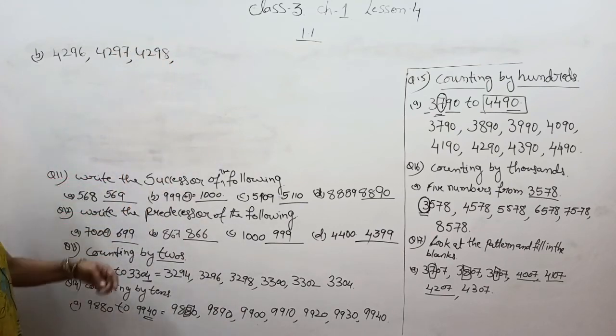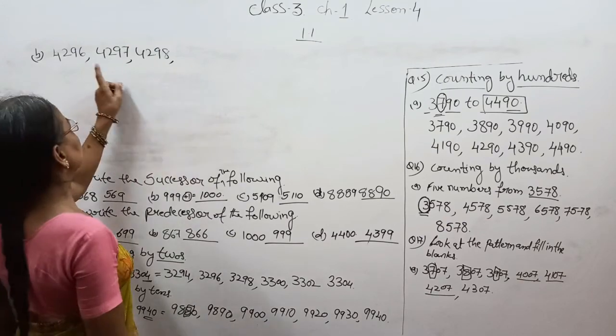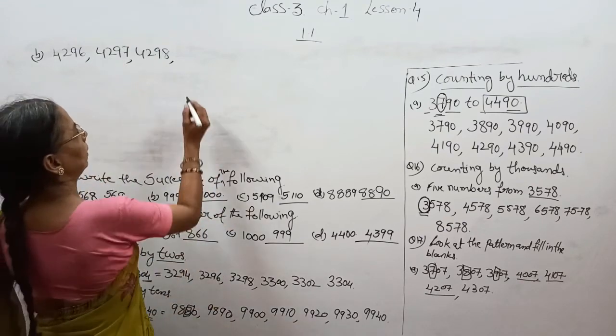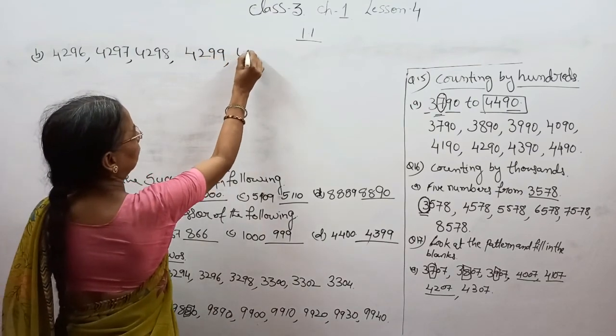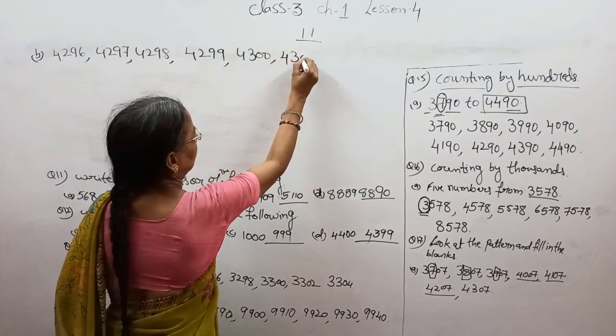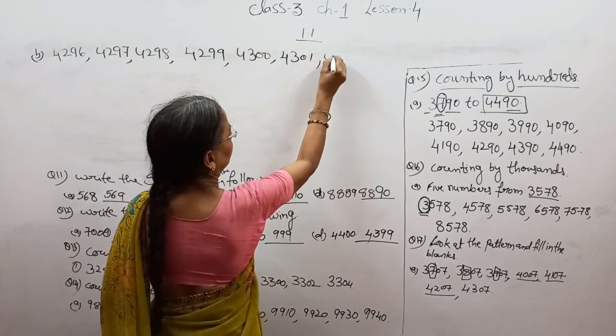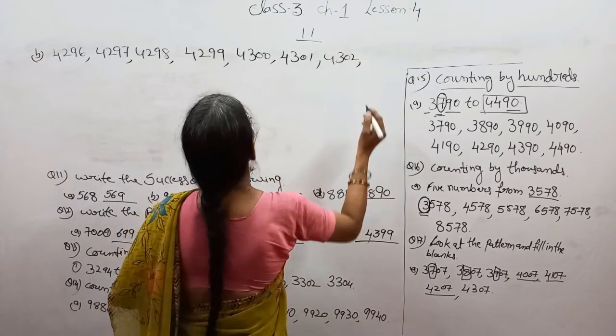In this the numbers are written continuously, that is 96, 97, 98. Now we have to write 4299, then 4300, then 4301, then 4302.